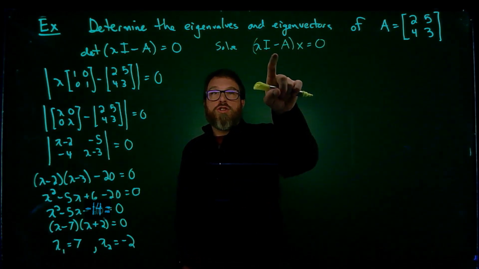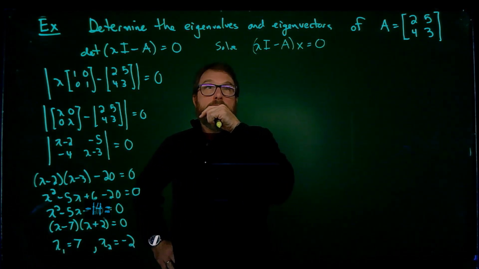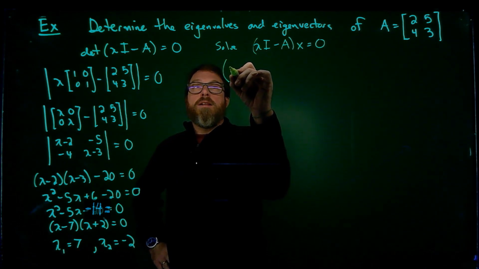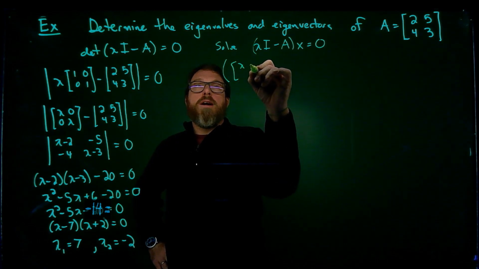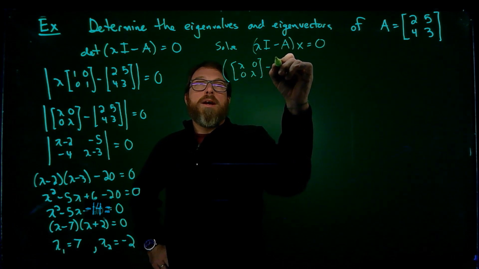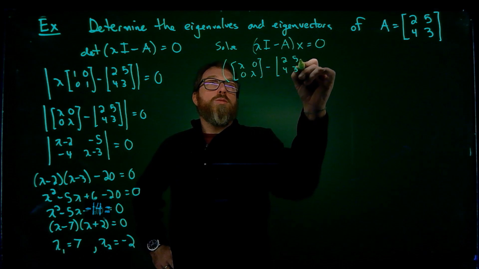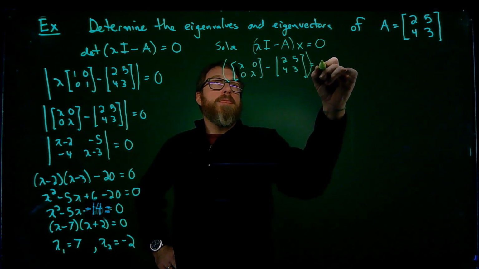And now that I made the determinant of this equal to 0, this is going to have infinite solutions. So when we set this thing up, I'm just going to write lambda I. We know that this is going to be lambda 0, 0, lambda minus 2, 5, 4, 3 is going to be equal to 0.